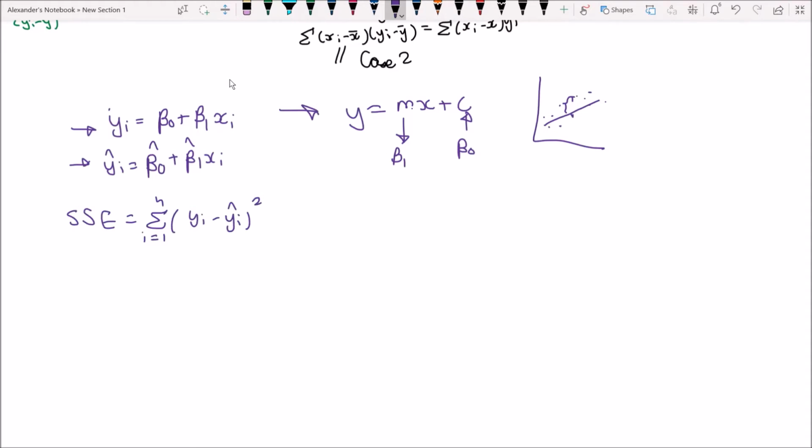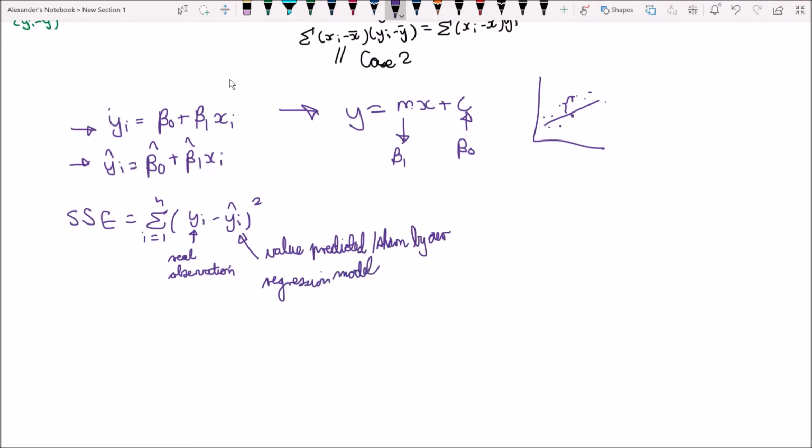So we want to minimize the distance between our observation, this is the real observation, and this value of y predicted by our regression model.